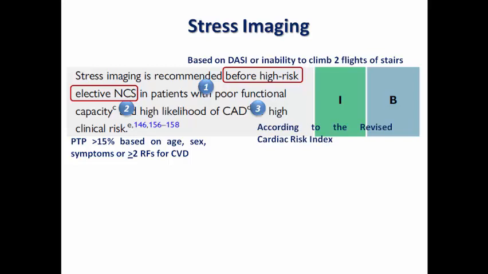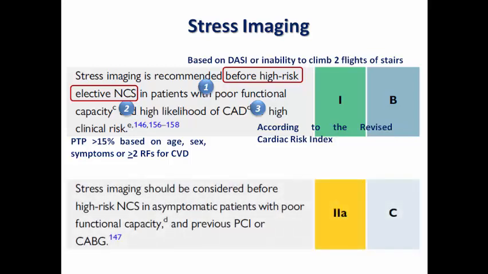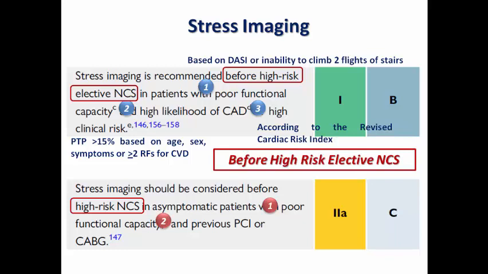So the indication here is before high-risk elective surgeries. And it also has a class 2A before high-risk surgery in asymptomatic patients with poor functional capacity, but who have a history of previous PCI or CABG. So all the indications for stress imaging are before high-risk elective non-cardiac surgery, not before urgent surgeries.